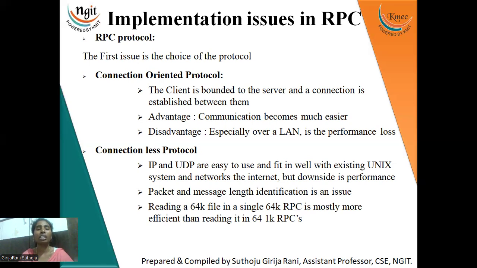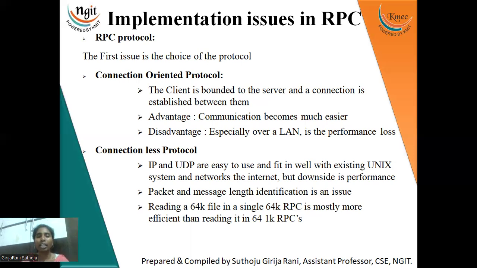In the connectionless, as this is a user datagram protocol, Unix systems will be working very well in this. But compared to the connection oriented performance, connectionless performance will always be lesser. The packet and message identification will be somewhat of an issue here because it's connectionless, right?